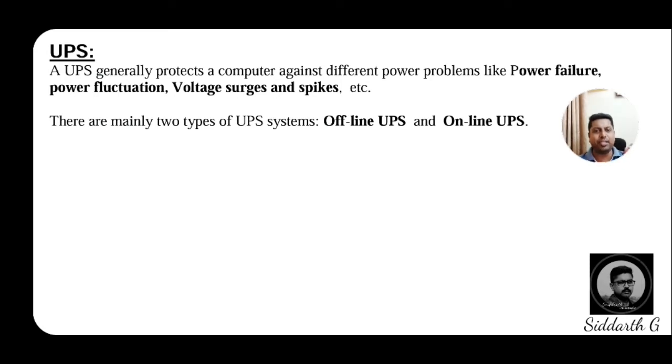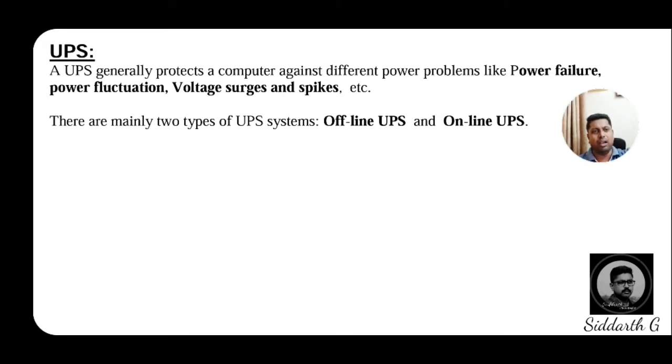A UPS generally protects a computer against different power problems: power failures, power fluctuations, voltage surges and spikes. If you have knowledge about electricity, you know we get situations like voltage fluctuations.